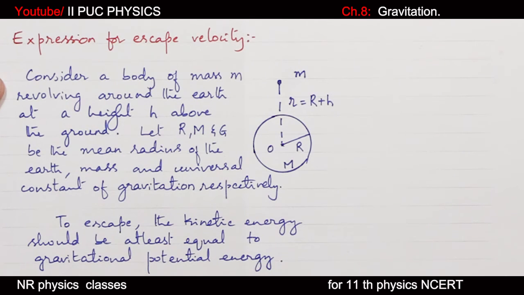Therefore, kinetic energy equal to potential energy. Which potential energy? Gravitational potential energy. And kinetic energy is half mass of the object times velocity square. This velocity is escape velocity, v_e.